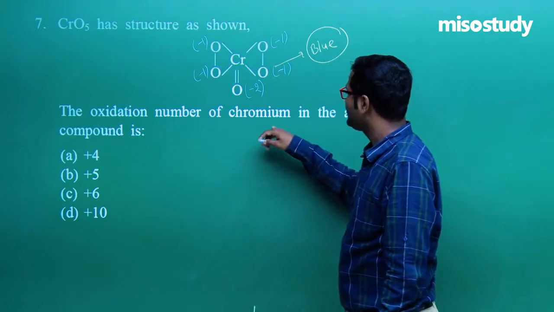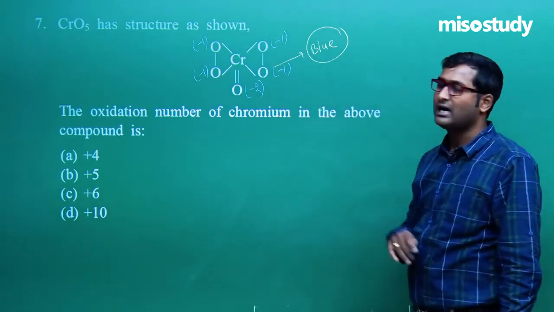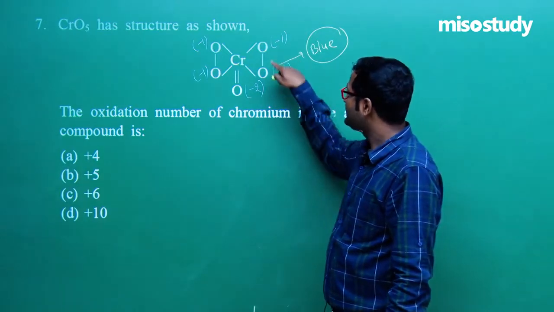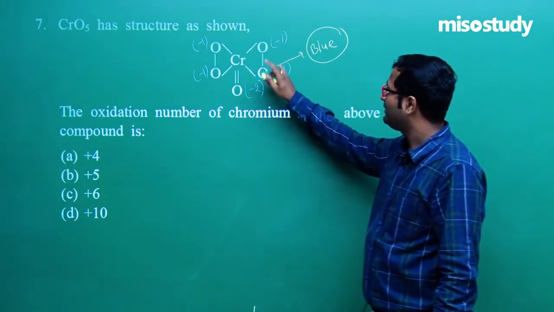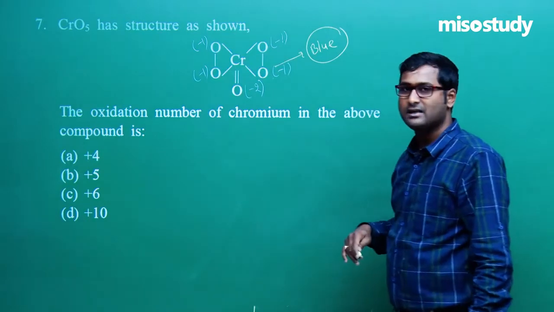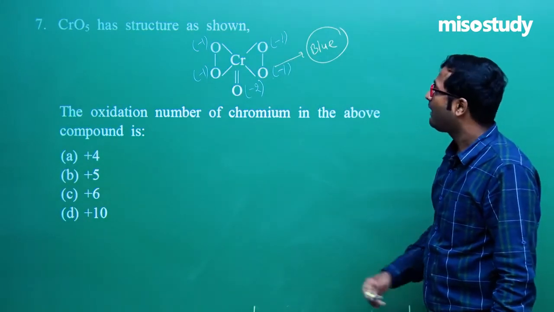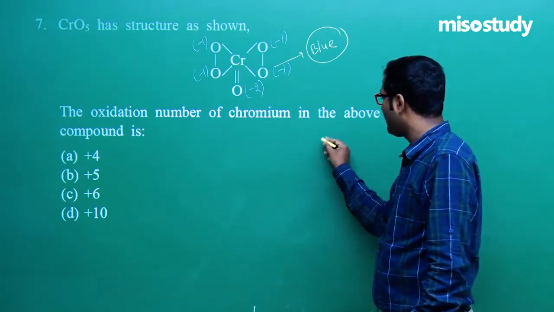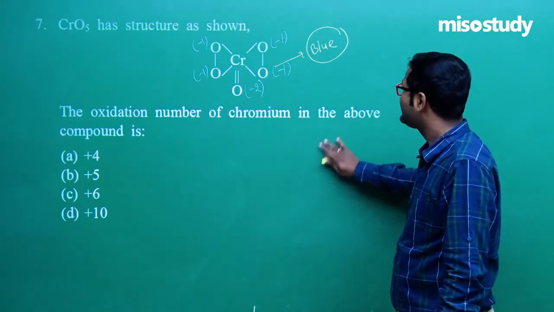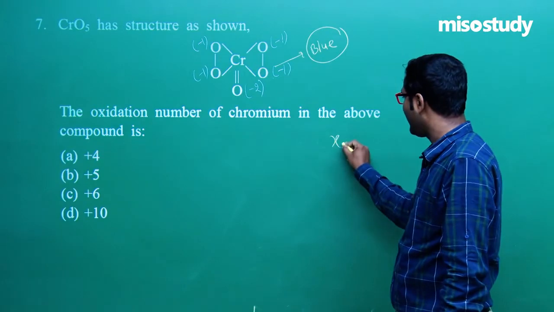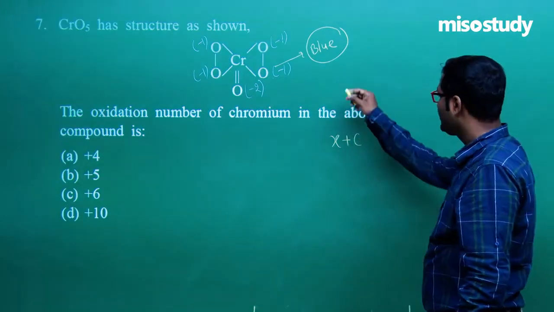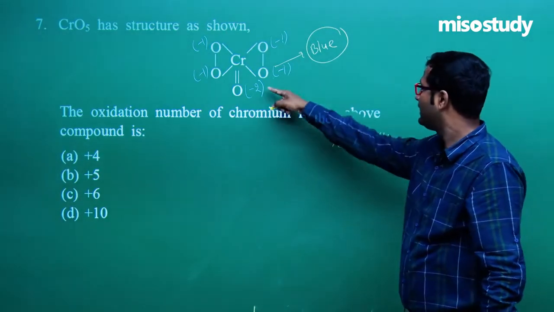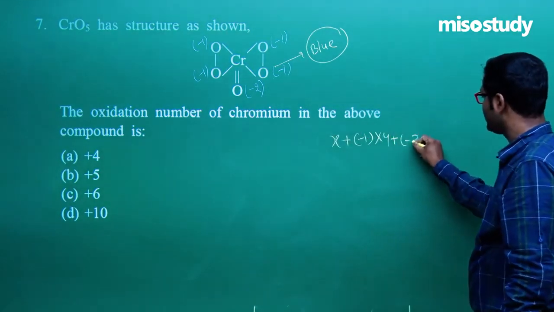Now the oxidation number of chromium in the above compound. As we know, this is a peroxy linkage and oxygen in peroxy linkage has the -1 oxidation state. Now how to find the oxidation number of chromium? Write chromium in the CrO5 structure, that is X, then put -1 into 4 oxygen and 1 oxygen with -2 oxidation state.